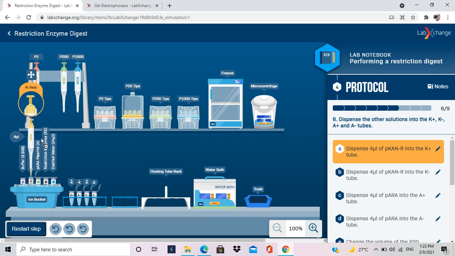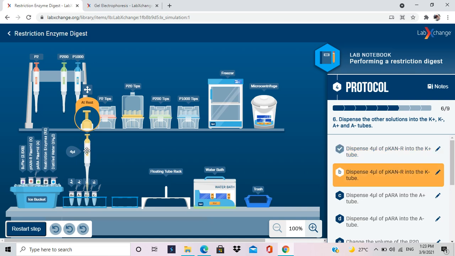First draw, then I put it into the K plus tube, to the second stop, and reject the tip into the trash and repeat it again for the K negative tube.